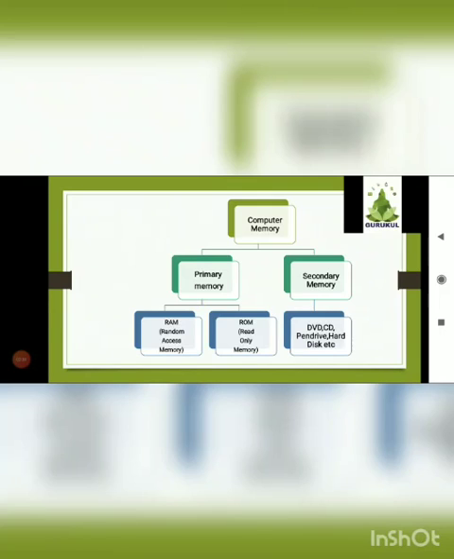So here I would like to relate the example with the diagram. Before saving, the file is held in the primary memory, but after saving the file with a proper file name, it is stored in the secondary memory. Primary memory is temporary in nature, because if you switch off the computer without saving the file, it will be erased.